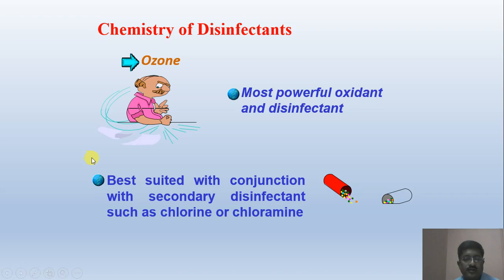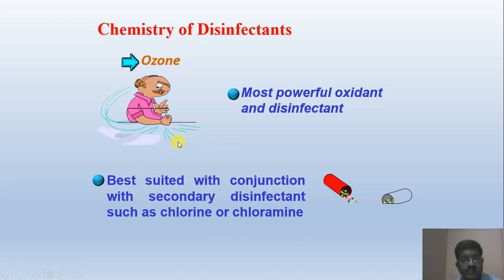Now, when you are deciding the disinfection process, you have to understand the chemistry of every disinfectant. Ozone treatment is one of the most powerful oxidants, and it is a good disinfectant. It is best suited in conjunction with a secondary disinfectant such as chlorine or chloramine.